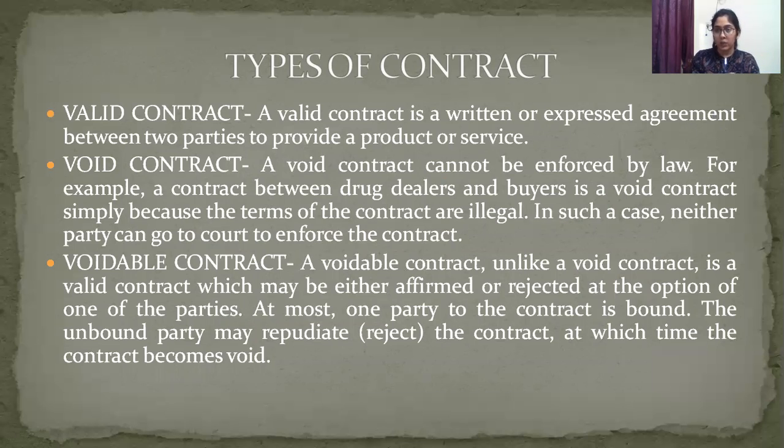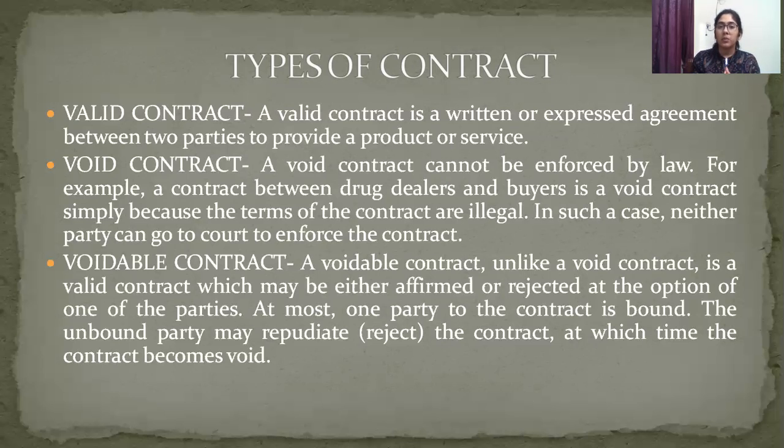There is person A who rents a house, and person B wants to take a house for rent from person A. They both come to a mutual agreement, a mutual consent that yes, I want to give the house, yes, I want to rent the house.